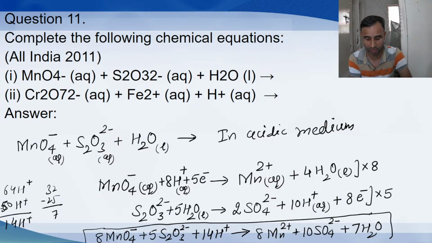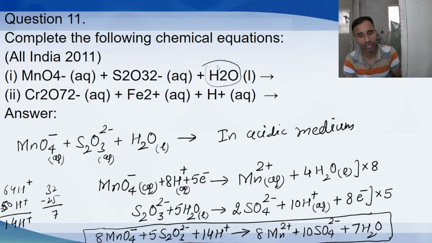So this is the balanced equation in the acidic medium. But say when we balance this equation in acidic medium, H plus ions are there on the left side and the water is on the right side. But in our equation, water is on the left side. That means this equation is not balanced in acidic medium.